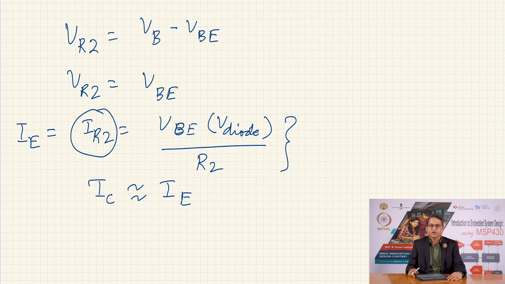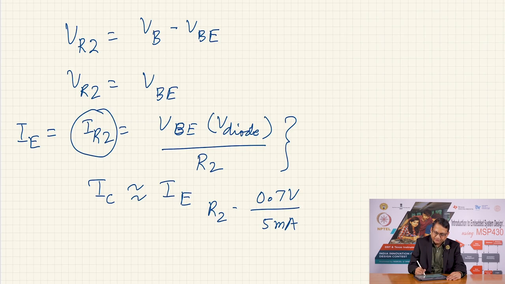So, this is a method to drive the LED with a constant current source equal to the value of VBE divided by R2, which is 0.7 divided by R2. Let us say I want 5 milliampere constant current through the LED. R2 is equal to 700 millivolt divided by 5 milliampere.